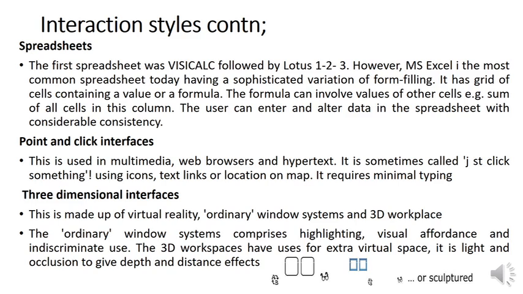The ordinary window system comprises highlighting, virtual, and avoidable use. The 3D workplace has uses for extra virtual space. It uses light and occlusion to give depth and distance effects.